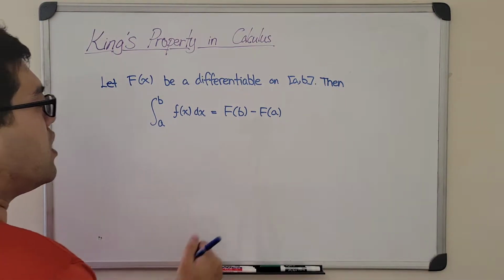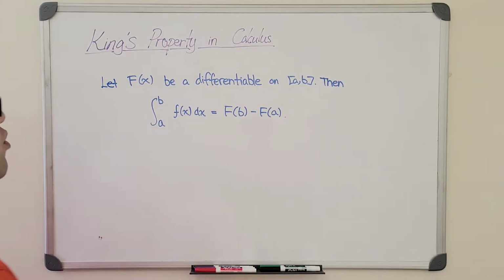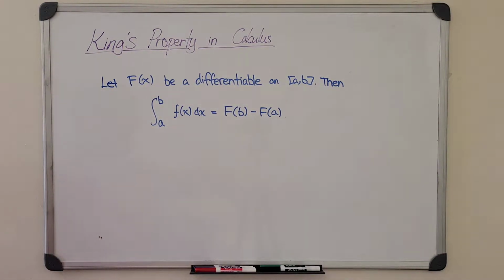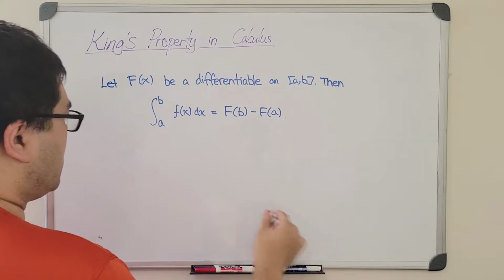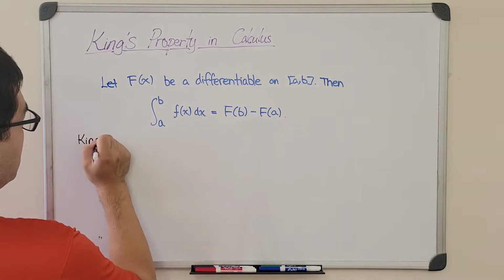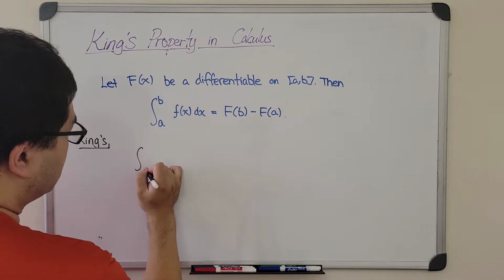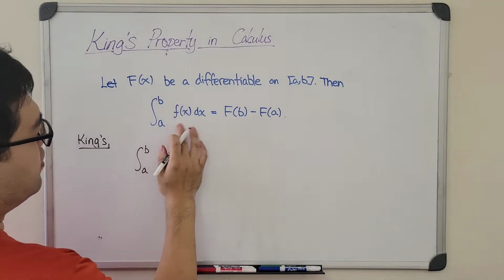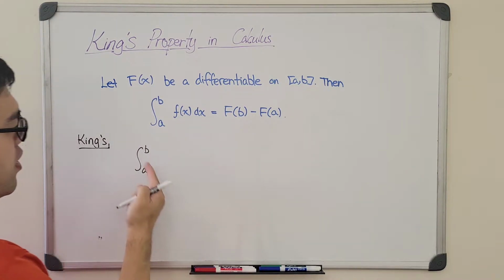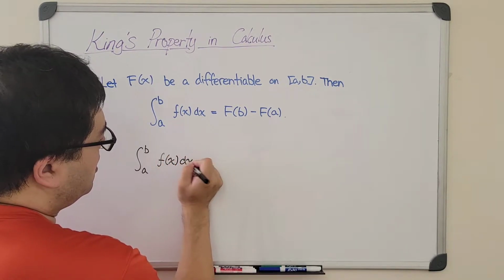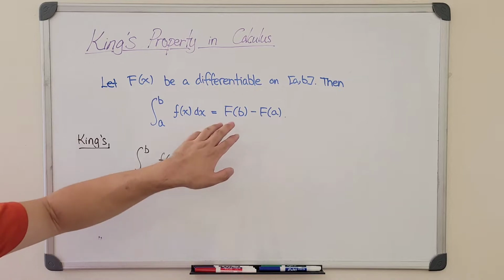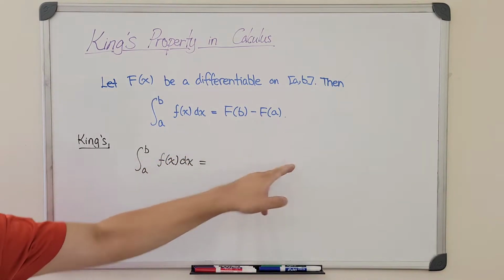Good. So now we have the definition of an integral, or at the same time, the definition of a derivative as well. Let's take a look at what the King's property says. Here we go. The King's property says that if we have an integral that looks exactly the same as above, from a to b of the derivative function, we know that the end result has to be capital F of b minus capital F of a, right?